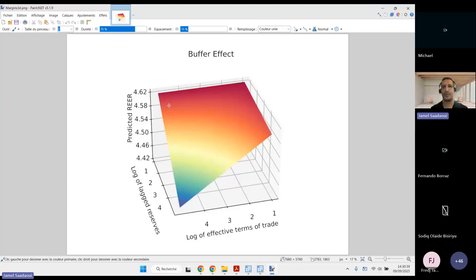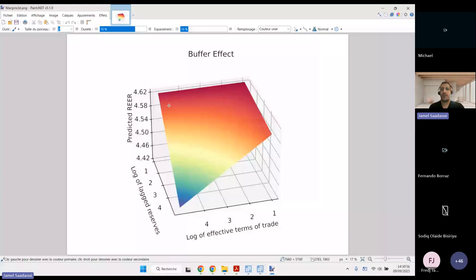So what does this picture mean? It means that if you are a central bank and you have a lot of reserves, in the face of a terms of trade shock, your exchange rate will appreciate less.